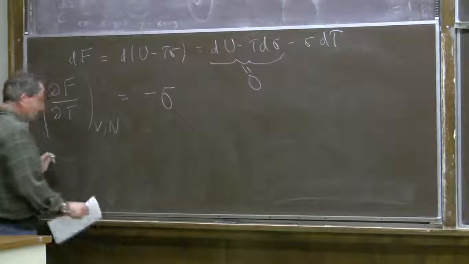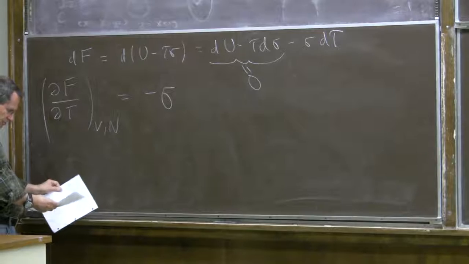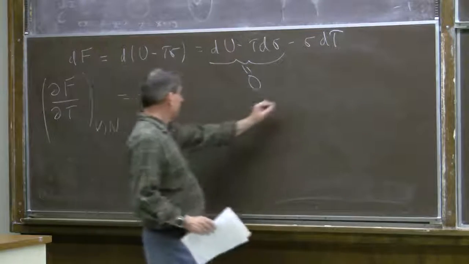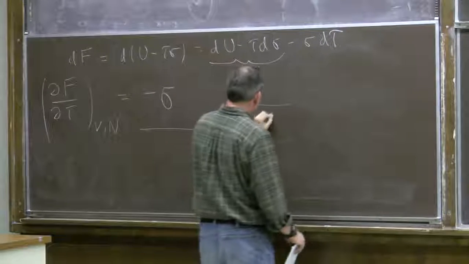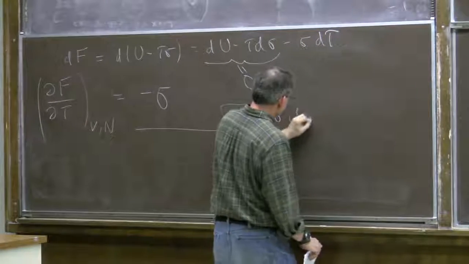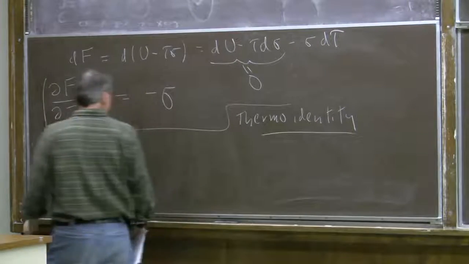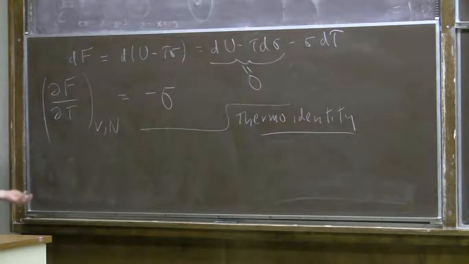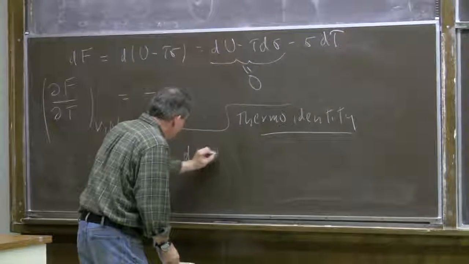And actually, remember that to first order, there's a thermodynamic identity that tells us how the internal energy, there are various ways of writing it, but it tells us how the internal energy changes when there's heat flow.